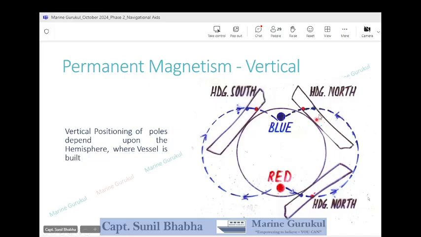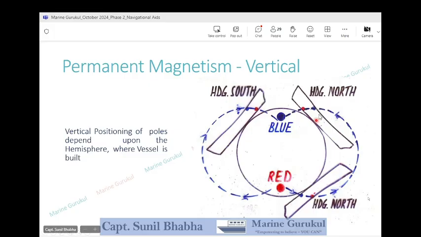So since they are entering into the deck of the ship, it will acquire a blue polarity. And since they are leaving out or coming out from the keel of the ship, it will acquire a red polarity. This is exactly the same situation for which I showed you the diagram in the previous slides also. We saw a ship standing in a yard and the magnetic field lines were going vertically downwards.